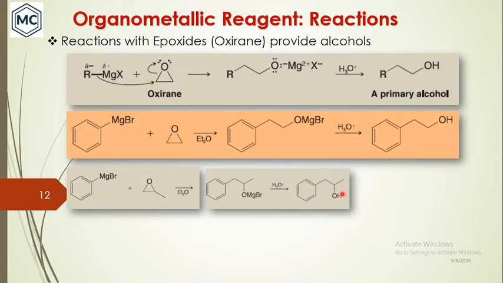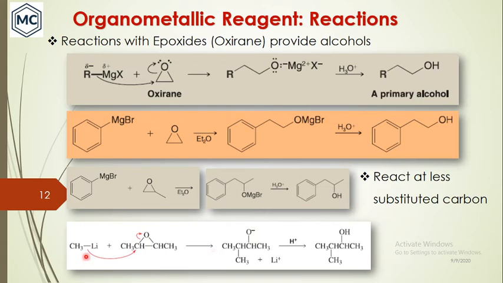Then you get the corresponding alcohol. Similarly, an organolithium compound, methyl lithium, can react with oxirane like this and form the corresponding structure. Finally, it is hydrolyzed with aqueous acid to give the alcohol.